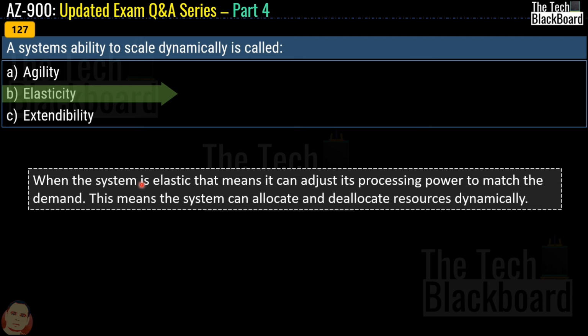So whenever a system is elastic, that means that it can adjust its processing power to match the demand. This means the system can allocate or deallocate resources dynamically. So basically the system can adjust its processing power based on the demand. If the demand goes up, the processing power follows and it also goes up. And similarly, whenever the demand comes down, the processing power also comes down.